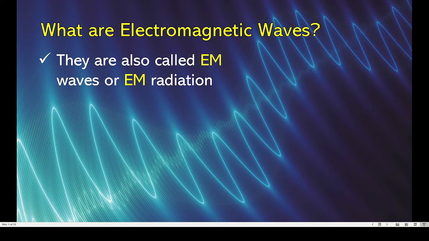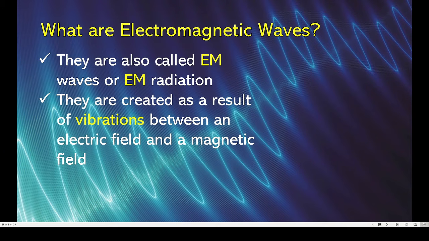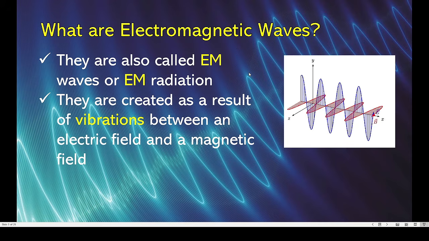The letters E and M stand for electricity and magnetism, respectively. Basically, they are created as a result of vibrations, and these vibrations create electric field and magnetic fields.